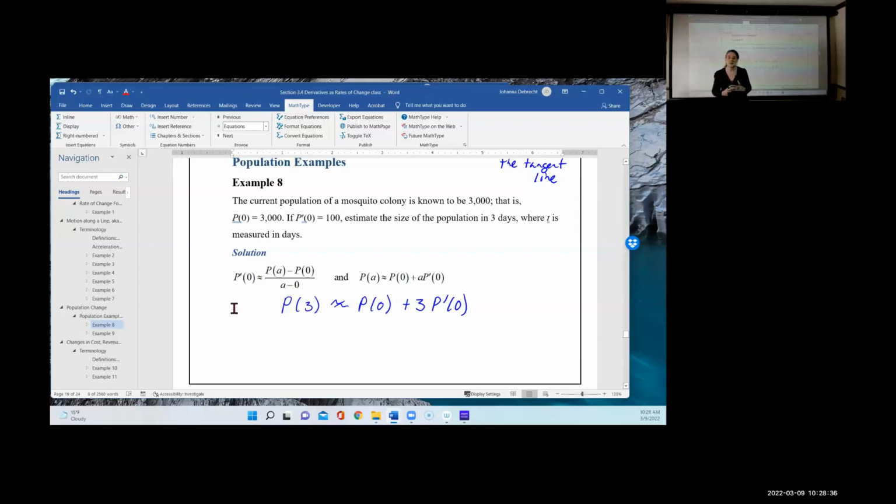Now, this isn't going to be a perfect amount. This is just an approximation. So we end up with 3,000 for the original population. The rate of change was 100, so we end up with about 3,300 mosquitoes.